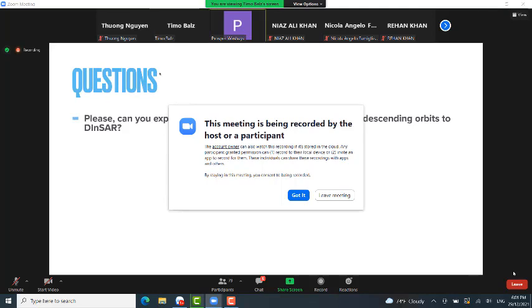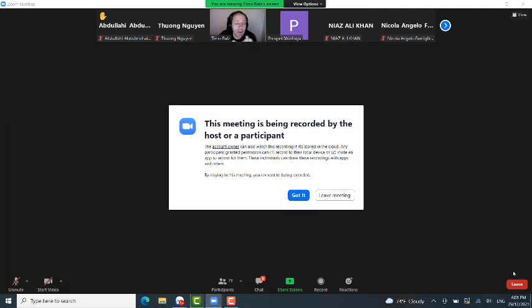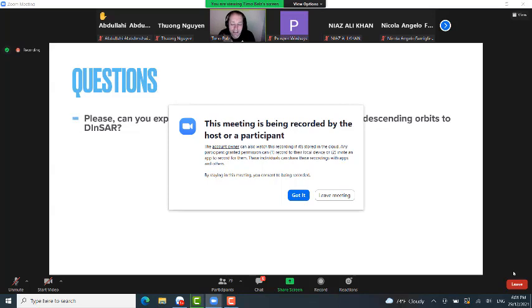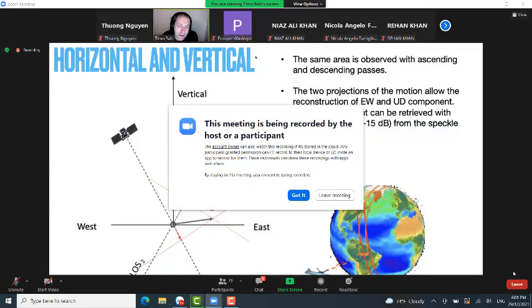So yes, sure. Why do we use that? The main reason is, in interferometry, we measure deformation, but only in one direction. We measure deformation in the direction our sensor is looking.